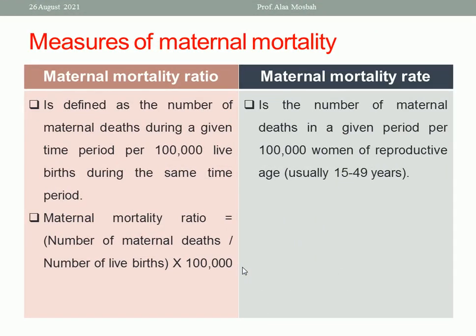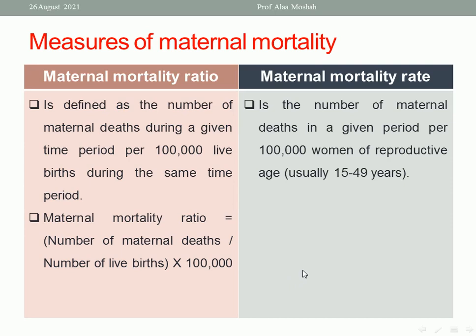Let us understand the maternal mortality ratio and the maternal mortality rate. What is the maternal mortality ratio? The number of maternal deaths during a given time period per 100,000 live births during the same time. Okay? So, this is the maternal mortality ratio. What about the maternal mortality rate?